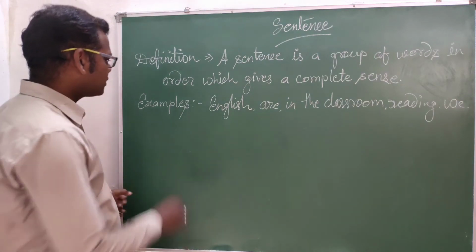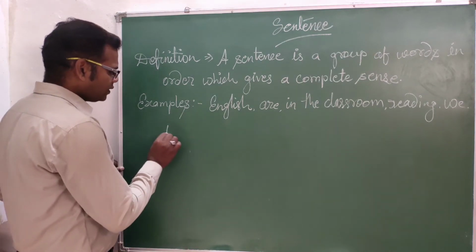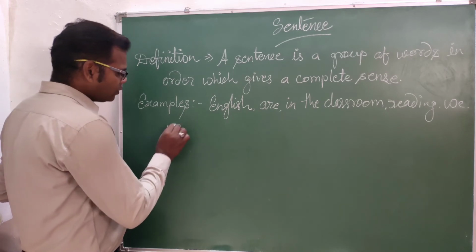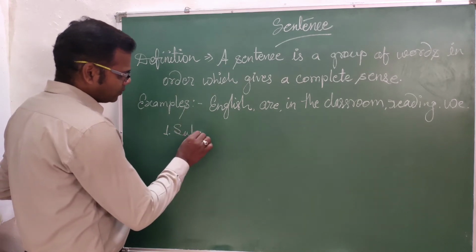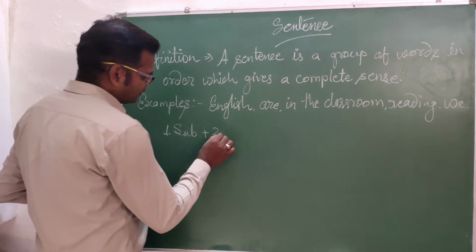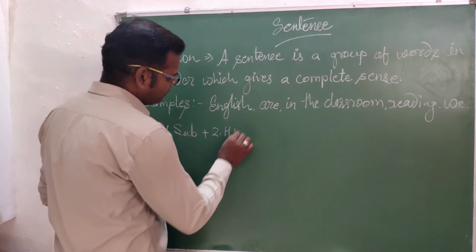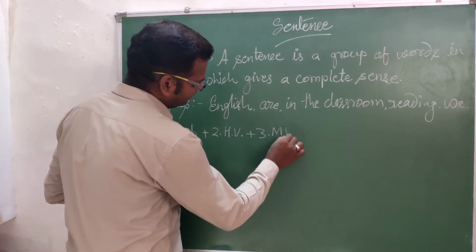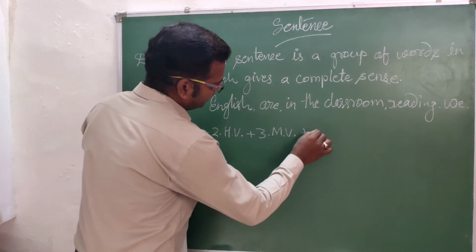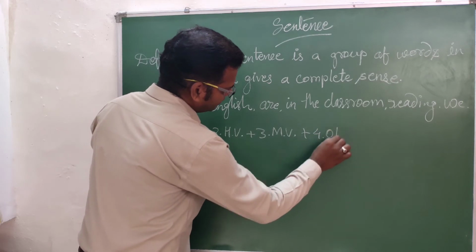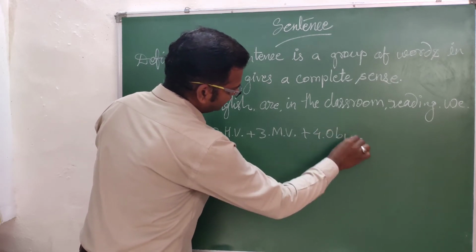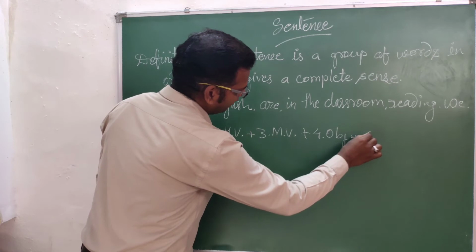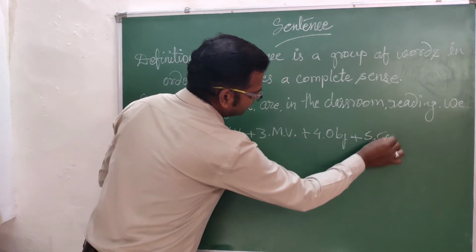which goes like this. At first, you have to put subject, then helping verb, then main verb and object after that, and at the last you have to fill up complements.